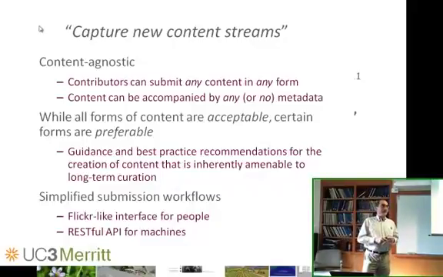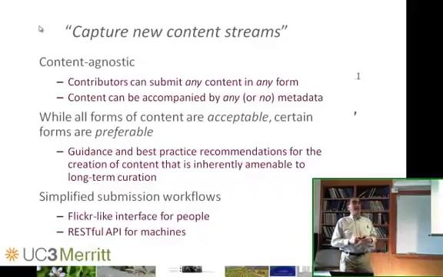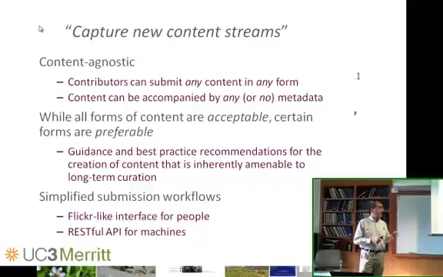We've also spent a great deal of our development time on Merit in trying to simplify all of our workflows and our submission workflows in particular. As I said, we've been operating a repository service for about 8 years. The previous repository worked well, but it was a little bit cumbersome, particularly as to the submission workflows.